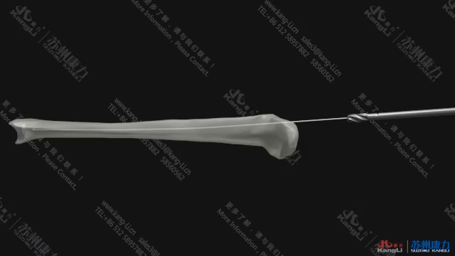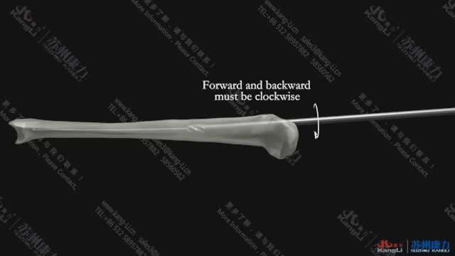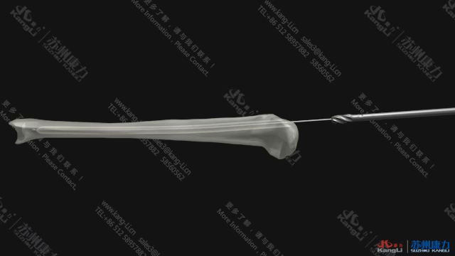Insert along the ball guide pin to ream clockwise, gradually increasing the soft reamer from 7.5 millimeters. After reaming, remove the soft reamer clockwise. Leave the ball guide pin unremoved.